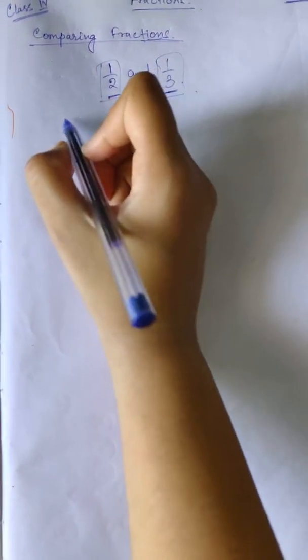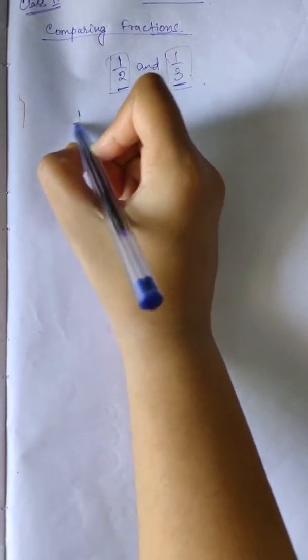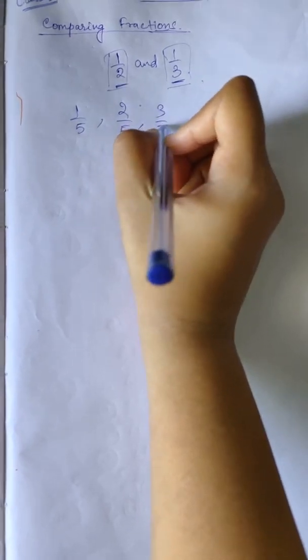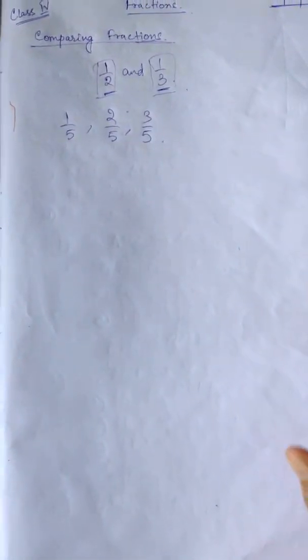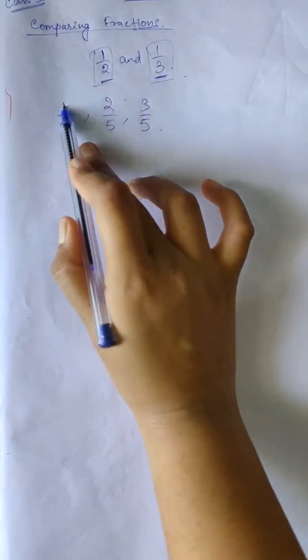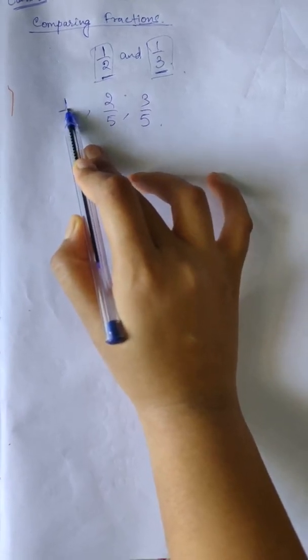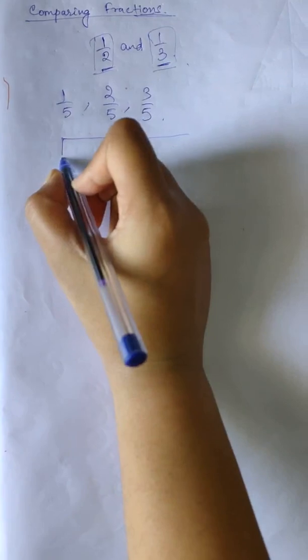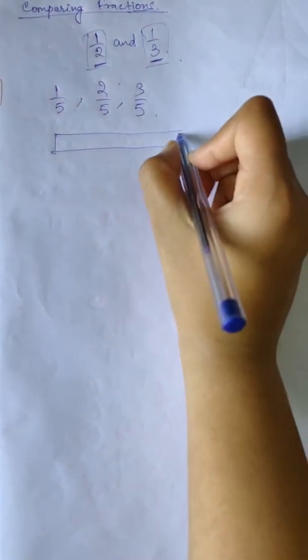So suppose I take three fractions, 1 by 5, 2 by 5 and 3 by 5. By 5 means there are a total of 5 divisions, within which we are talking about only one division. So 1 by 5 means suppose there is a box like this.